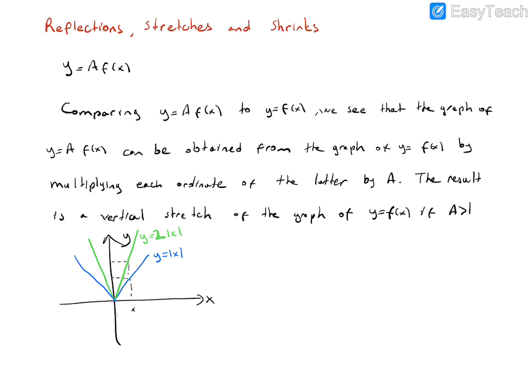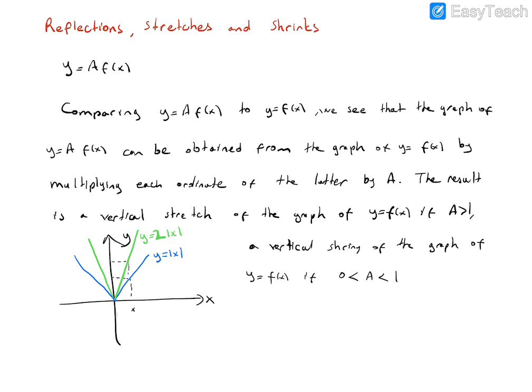A vertical shrink of the graph of y equals f of x if a is between 0 and 1.